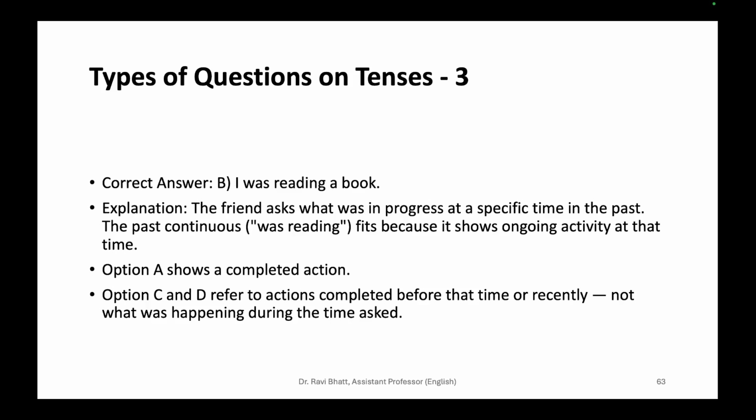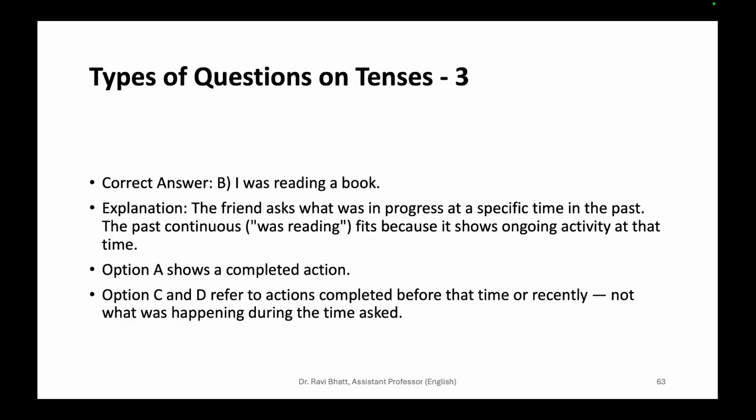Now, since the answer was "I was reading a book," why? Because the friend asks what was in progress at a specific time in the past. Thirty minutes before your friend called, what were you doing? So the past continuous tense would fit in here, that is "was reading," because it shows an ongoing activity at that time in the past, an uninterrupted activity that was going on.